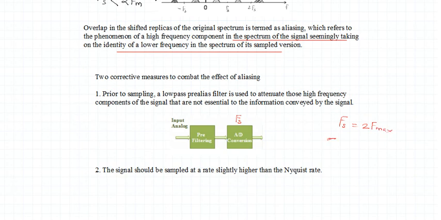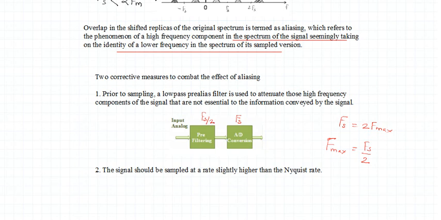So if we put a low pass filter here with a cutoff frequency of Fs by 2, it will block any frequencies above Fs by 2.